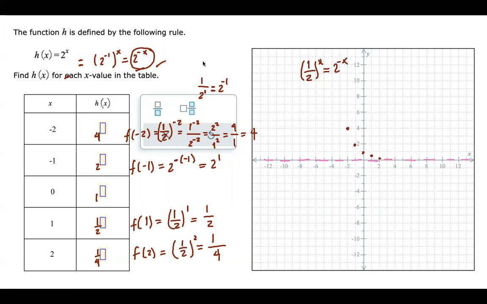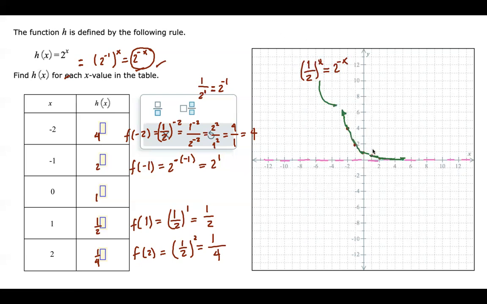And the graph, let me see if I can at least do a decent job, is going to approach the asymptote, and it's going to come something like that. So this is going to continue growing and continue approaching the asymptote. But I don't know if you remember, this one right here is 1/2 raised to the power of x.